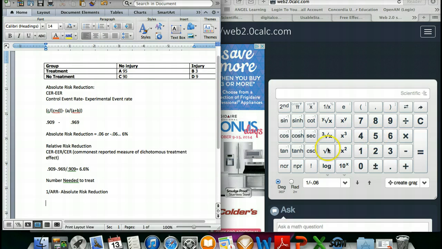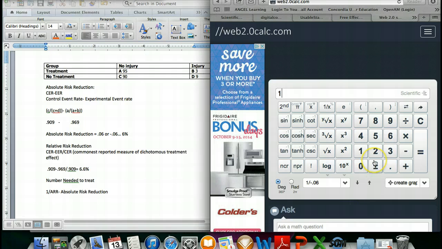To get this answer here, we would just simply do 1 divided by our absolute risk reduction, which we already calculated to be negative 0.06 or 0.06, whichever, and you get 16.6.